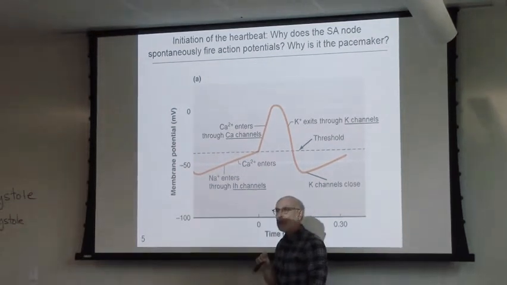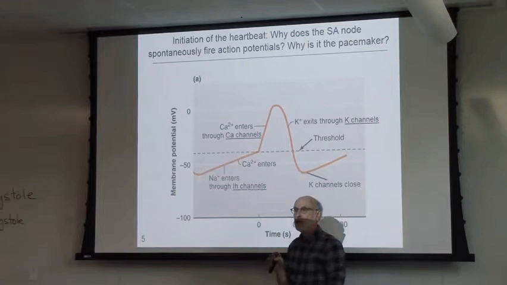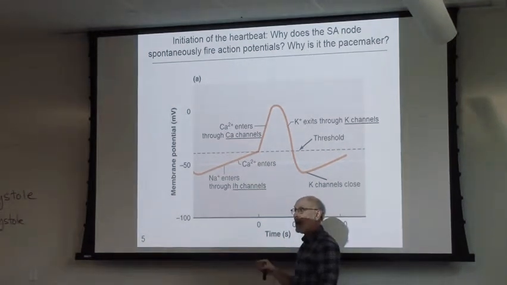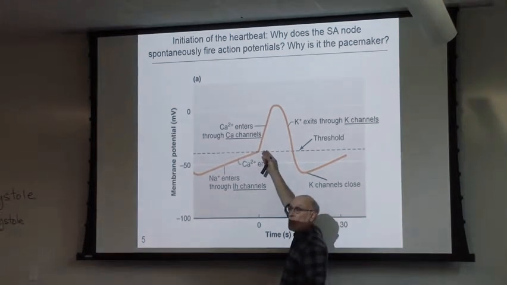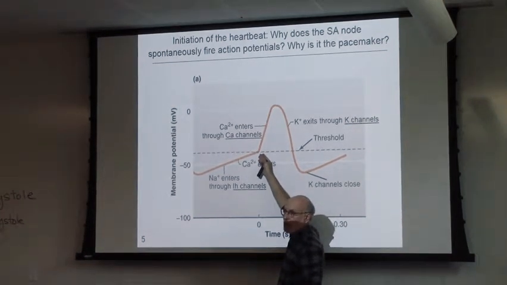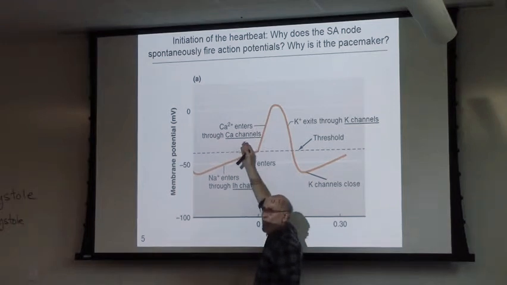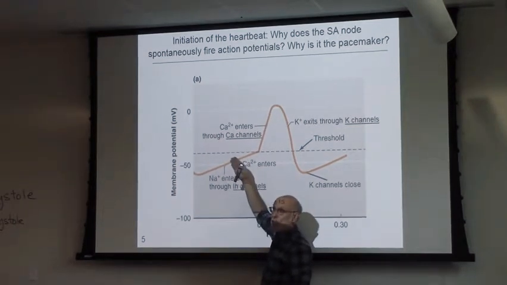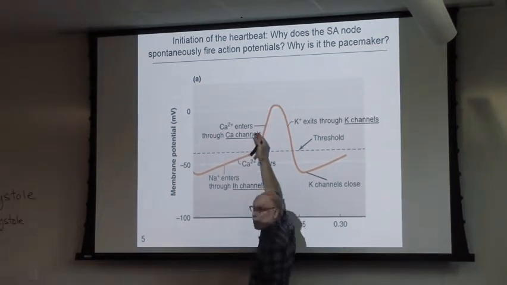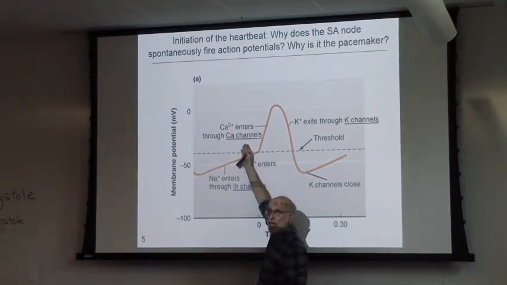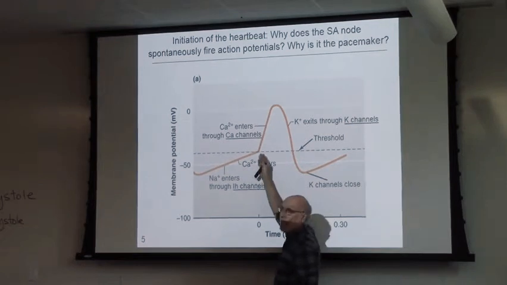But here's a twist. Unlike the action potentials in nerve, and unlike the action potentials in skeletal muscle, the action potentials in nodal pacemaker cells, AV node, don't use voltage-gated sodium channels for the upstroke of the action potential. They use voltage-gated calcium channels. And these are the same channels.